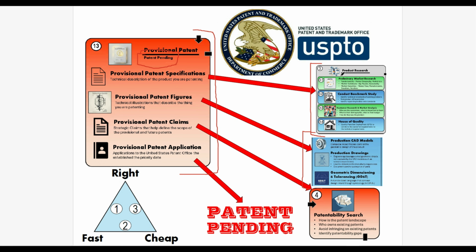So if you look over here, your product research, your detailed CAD modeling, CAD drawings, and product design, and your patentability search, if you haven't done those, when you get to this stage, it will come and bite you, and you're going to have to pay for an attorney or another group to do your provisional patent from scratch. So it goes again to right and cheap is not going to be fast. Fast and right is not going to be cheap.